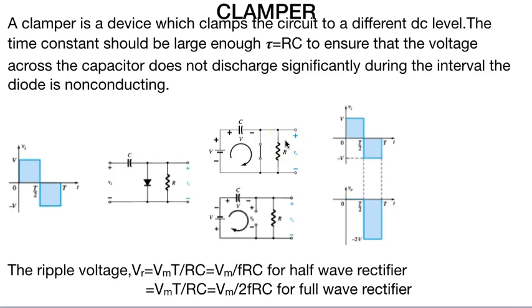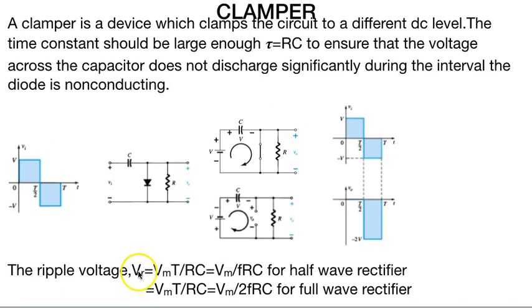But in reverse bias condition, the diode is open circuited, and remember the capacitor won't change its potential direction. It will only be the input signal that changes direction, which will be minus and plus at this point of time, and plus and minus, and you will see that the voltage across V0 will be minus 2V.